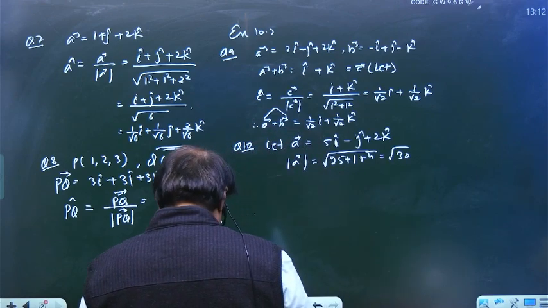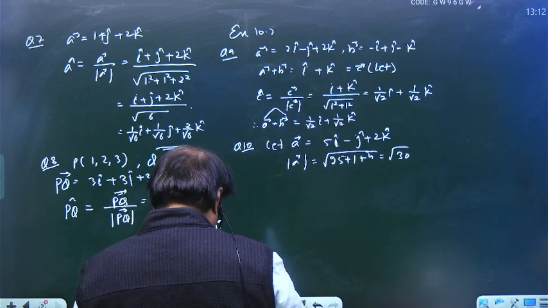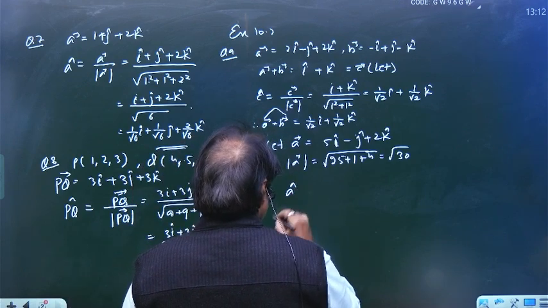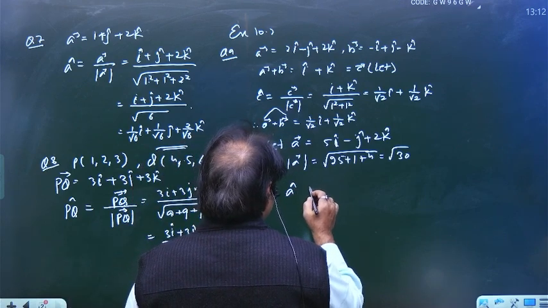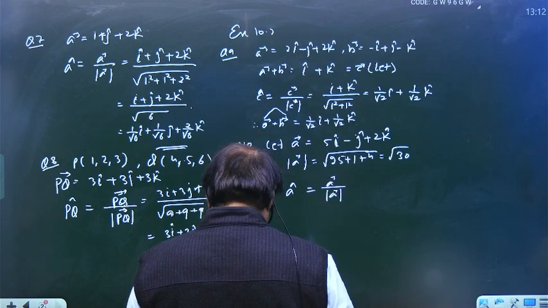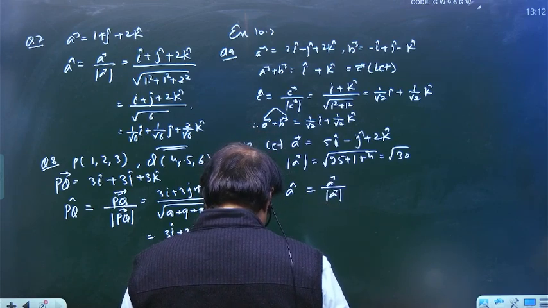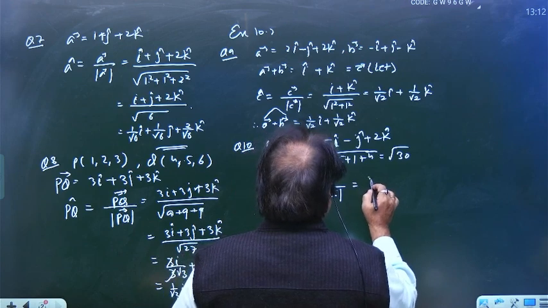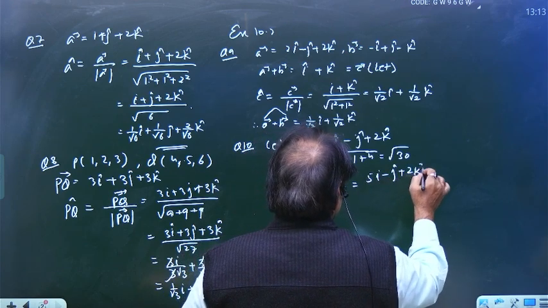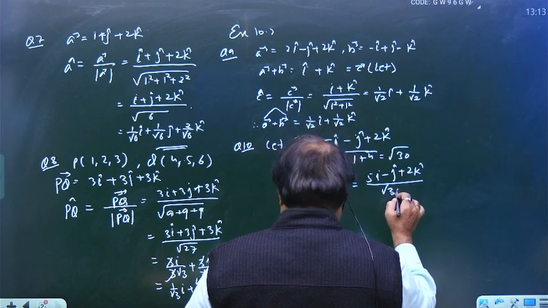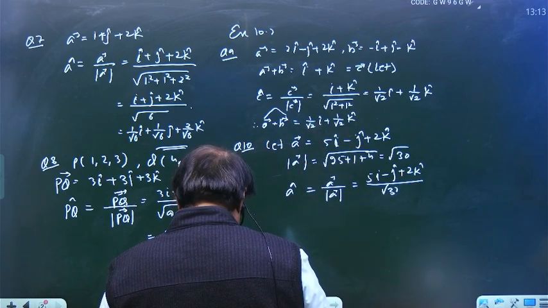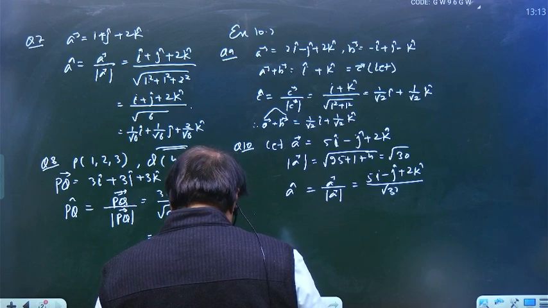Then write the formula: unit vector is equal to vector upon its magnitude. So it is equal to 5i cap minus j cap plus 2k cap divided by root over of 30, and it has 8 magnitudes.